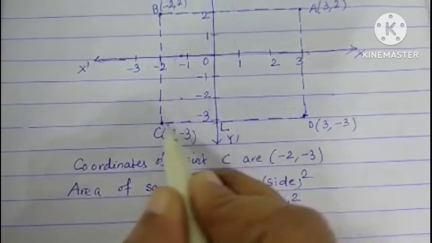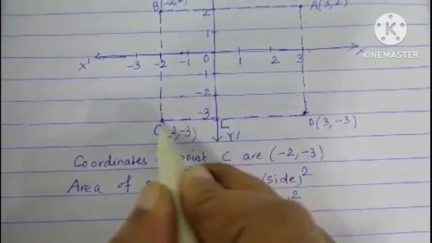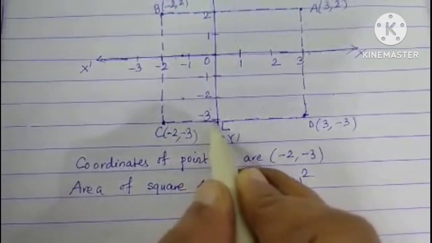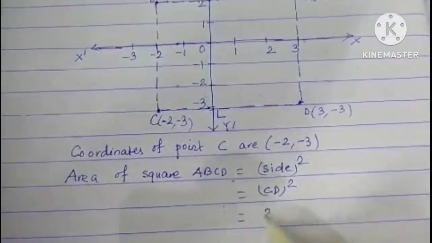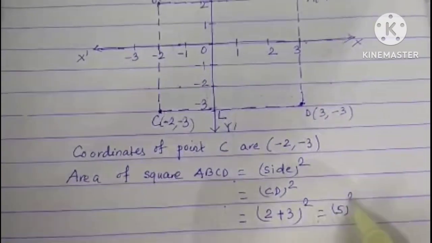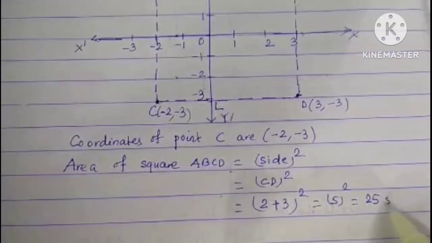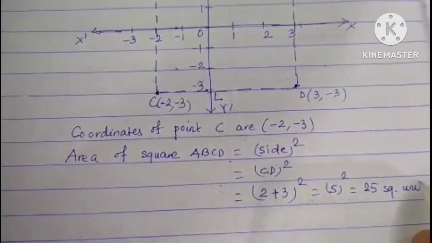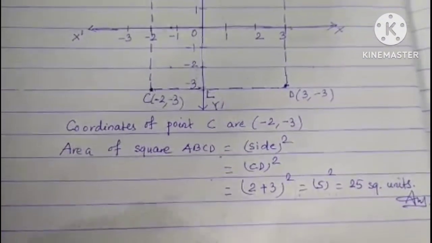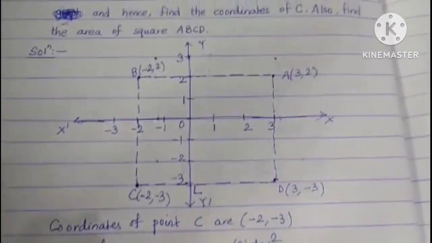Here it is 2, a distance of 2, so we will not take minus, we will take plus. So 2, and here it will be 3. So (2 plus 3) whole squared, that is equal to 5 squared, that is equal to 25 square units. Okay, this will be our answer. So 25 square units. It's an easy one.